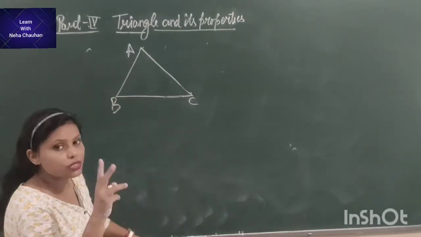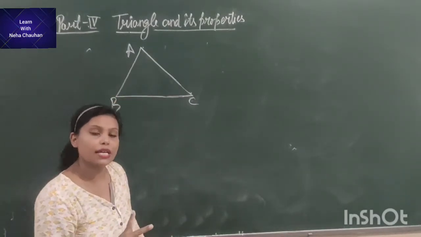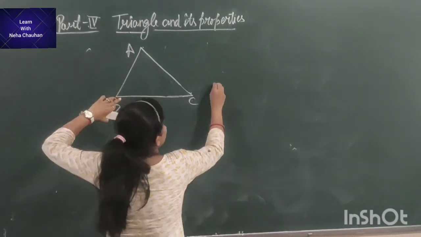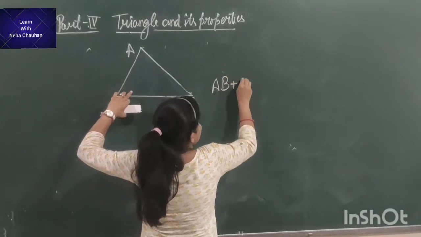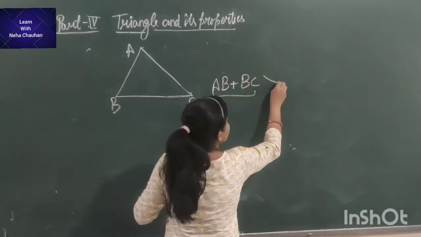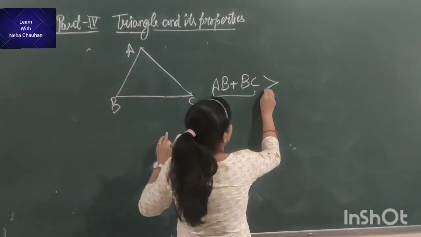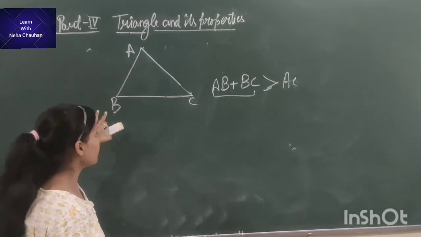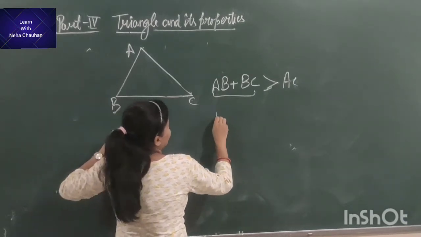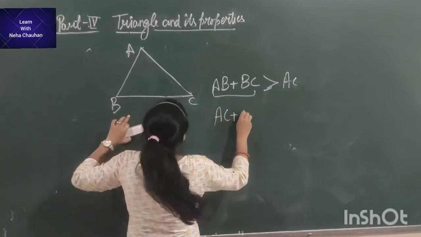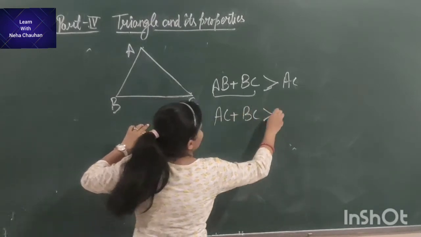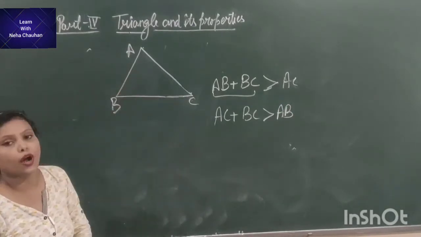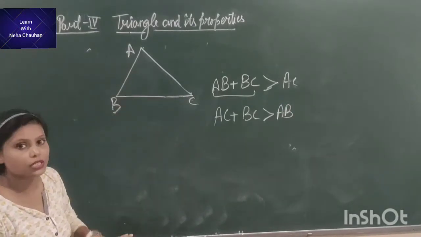When we add two sides of a triangle, the sum is always greater than the third side. It means if we add AB plus BC, this will always be greater than AC. Or we can say, if we add AC plus BC, that will be greater than AB also. This is the property of the triangle which we will use in the exercise.